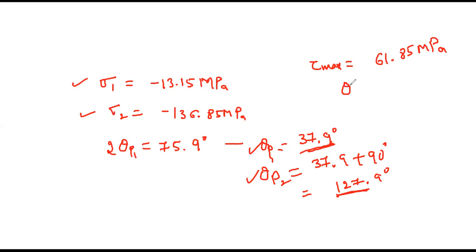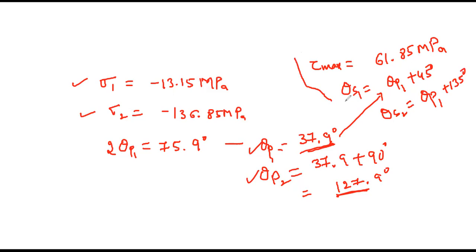And its location theta S1 is equal to theta P1 plus 45 degree. Next theta S2 is again theta P1 plus 135 degree. So this is about the maximum shear stress and its location. These are the values which we get if you calculate analytically.